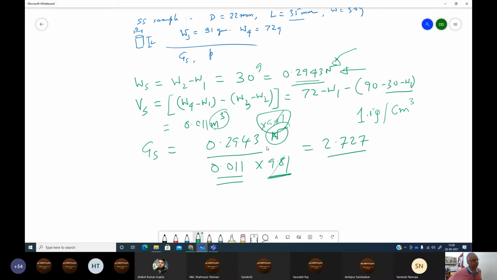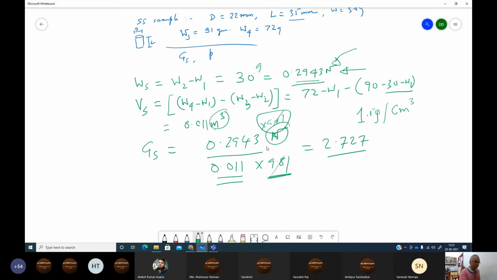Can anybody tell me? We have calculated the grain density. Now, how do I find the porosity? Sir, volume of grain divided by total volume of sample. Volume not grain, volume of void. Volume of void by the total volume.